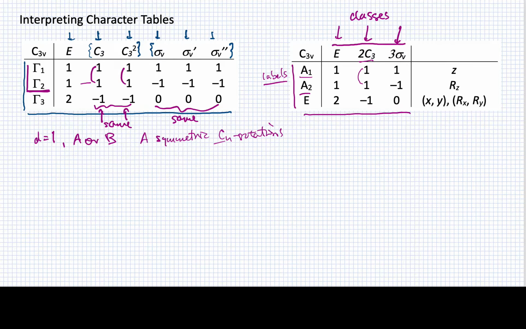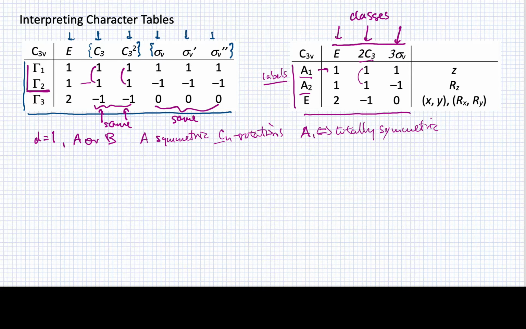We typically give the first one the subscript 1, the second one subscript 2. The A1 is one that we generally will associate with the totally symmetric irreducible representation. And it's usually the very first one listed in a character table. So you should expect to see all 1s across the first row of the character table.